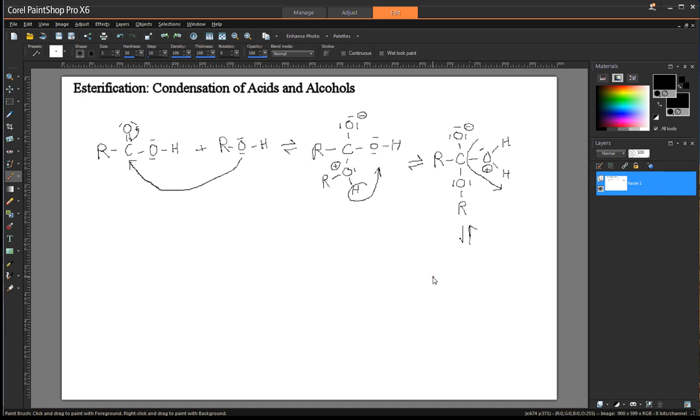Okay, and that's going to look like this. R, C, still got the O up here, and that still has its negative charge. This water is gone, and now we're left with the portion from the alcohol. But you can see now that this carbon is 1 electron short, so that's an actual positive intermediate here.